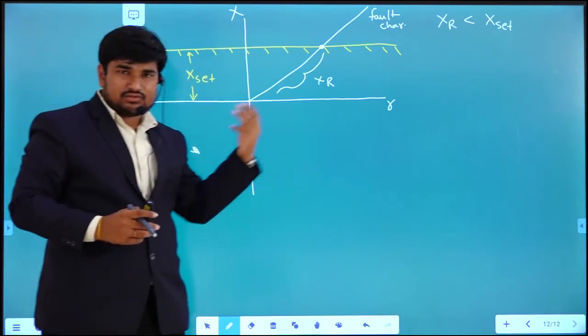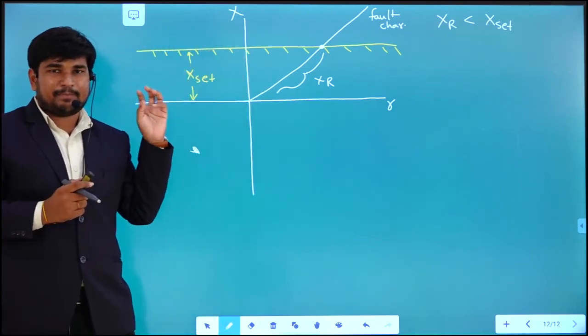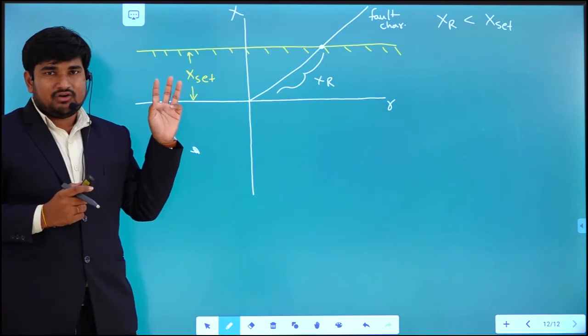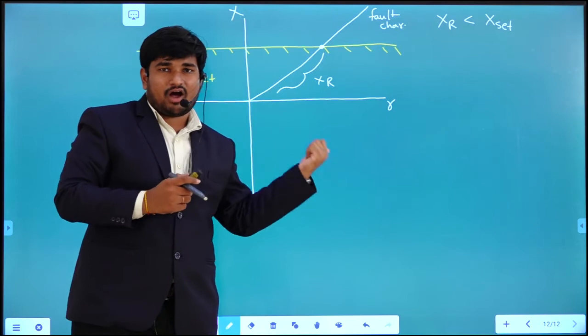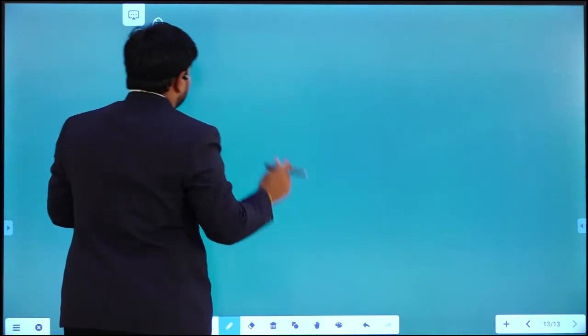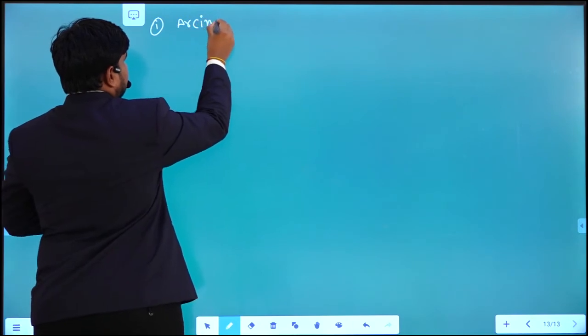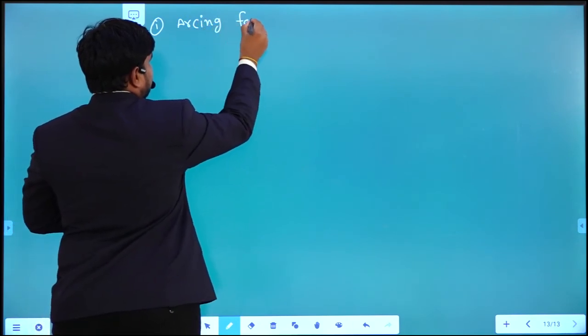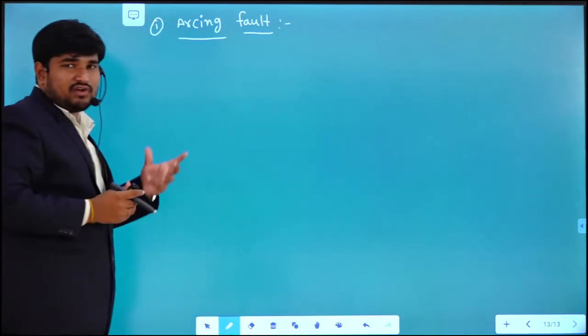Now let us go to limitations. What are the limitations we have seen in the impedance type relay? Are the limitations the same for this reactance type relay or not? Let us see here. The first one is arcing fault. What is the behavior of the reactance relay in case of arcing fault?